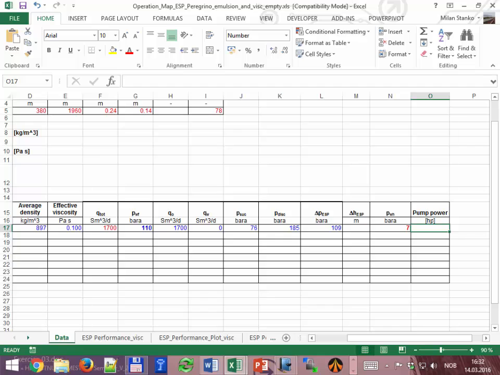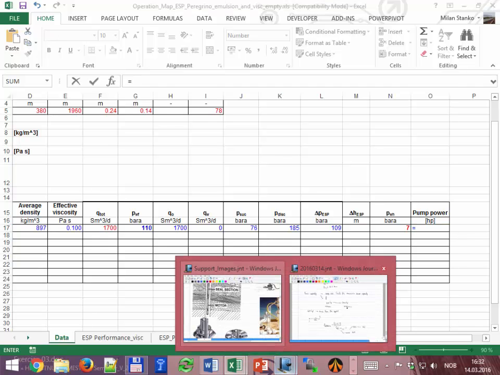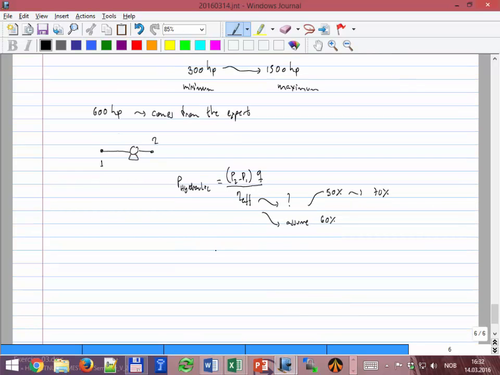Okay, power here is in HP, so do you remember the units? We're working with the SI system, so we want to get it in watts, and then we convert to horsepower. So which units should I use? Pascals and cubic meters and seconds, I think, right? What is a watt? We go again to kindergarten.